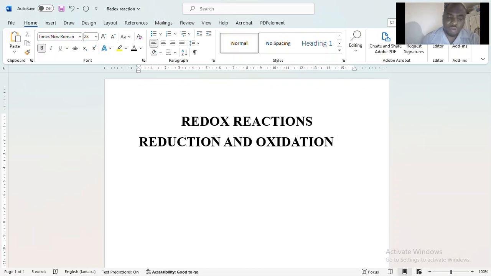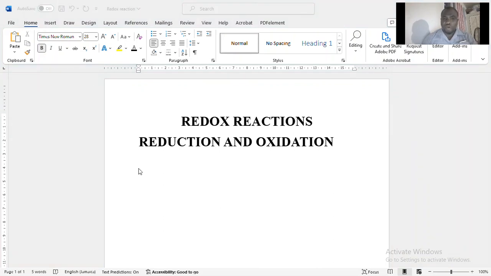Now, these two go hand in hand. If you have a chemical equation and you have reduction, then you basically have oxidation. And so both of them will occur simultaneously in a redox reaction.